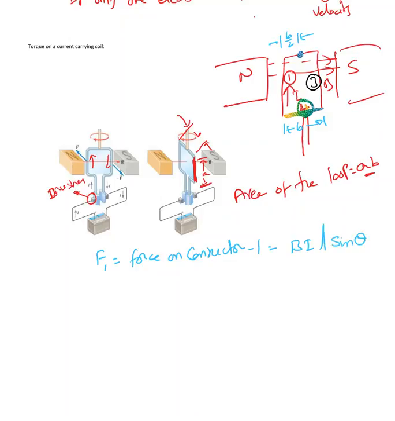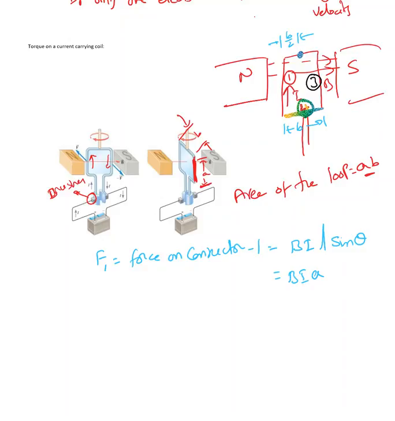Okay, theta is the angle between I and B. In this case they're perpendicular to each other, so theta is 90 degrees, and the length of the conductor I'm choosing as A, so F equals BIA. Theta, I'm going to leave it there because theta value is going to change when it is moving its direction.